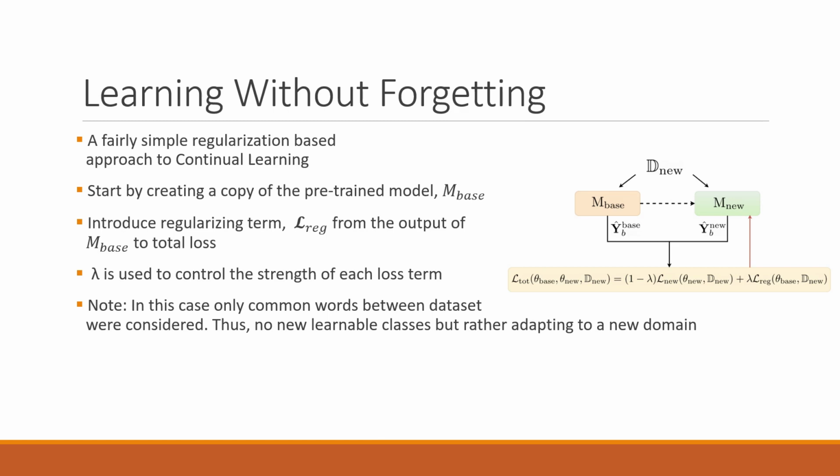An additional lambda parameter is also used to control the strength of each loss term, so how much we want to preserve the knowledge. And in our case, we decided that we only consider common words between each dataset, so only the words that were already known from Clotho were considered.